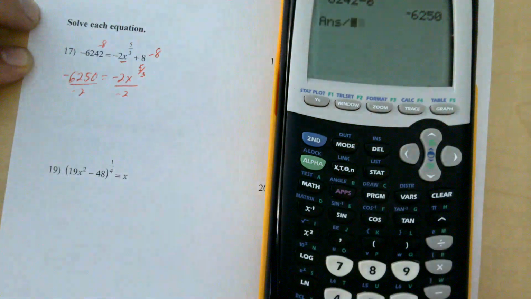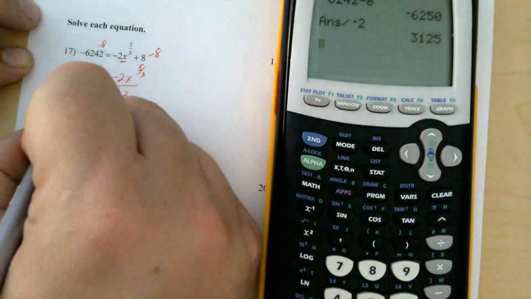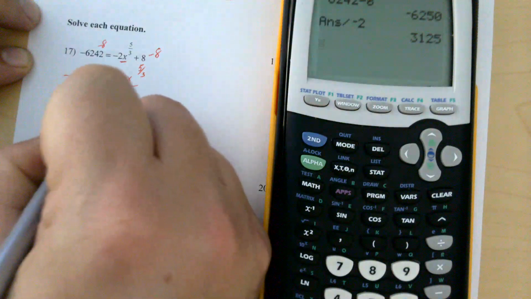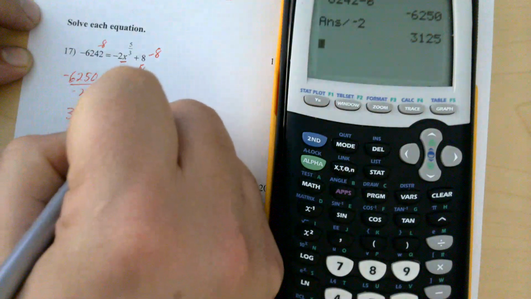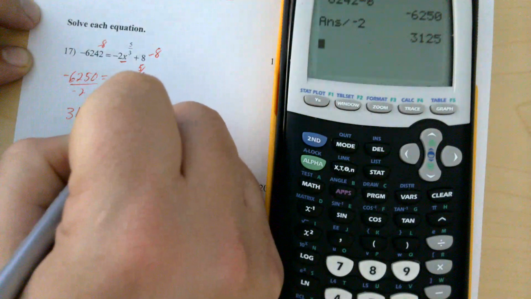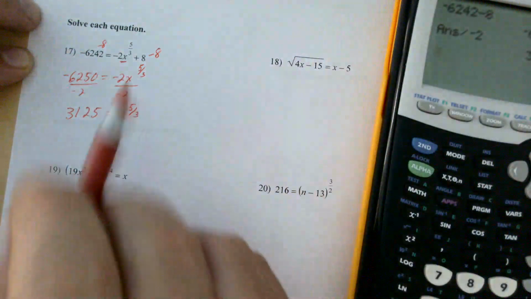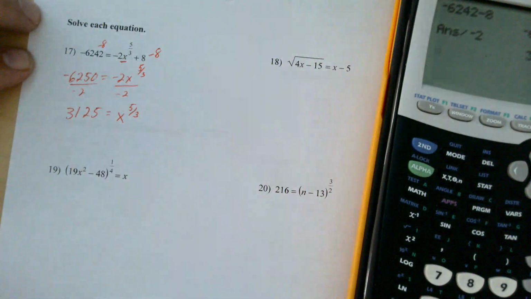And I'm going to divide by negative 2. And I get 3,125. And x is being raised to the 5/3. So all we did was get rid of the 8 and divide by negative 2.